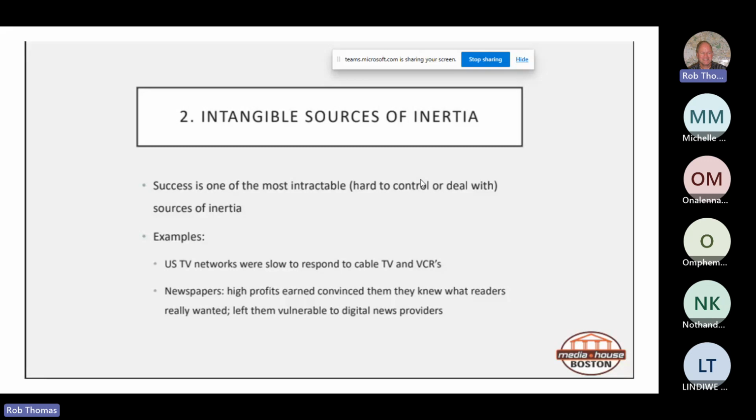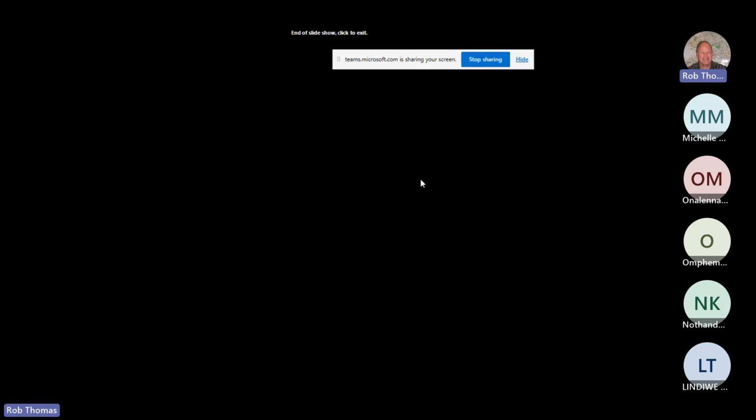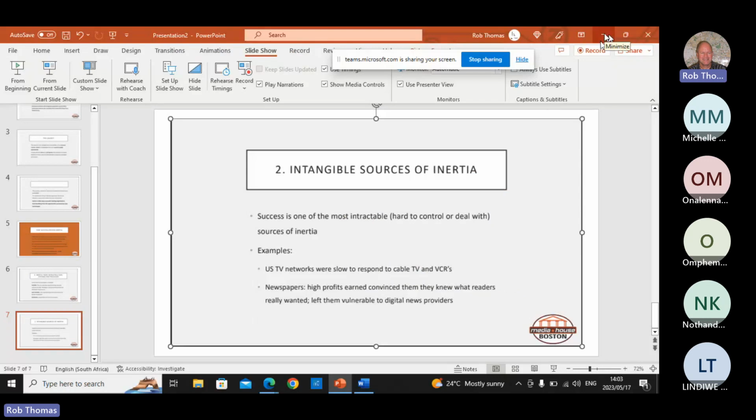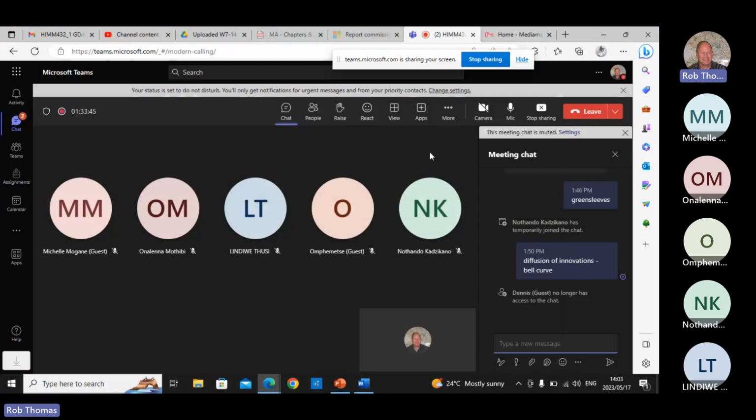They said, well, let's play in the digital realm. So you can either choose to be on your normal DSTV package with your old thingy, or you can play in the digital realm where you can connect digitally and also have Showmax. Okay, so there we go. Those are examples of intangible sources of inertia. Okay, and that's it. So guys, you need to be aware of those and keep those in mind when you're doing your assignment.